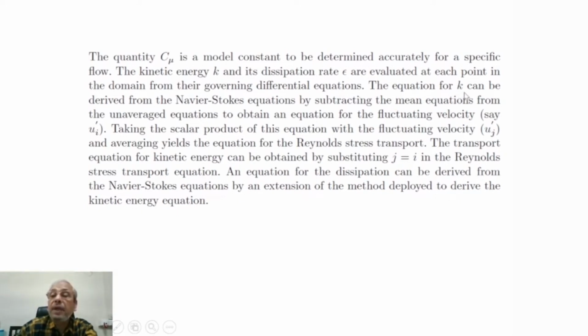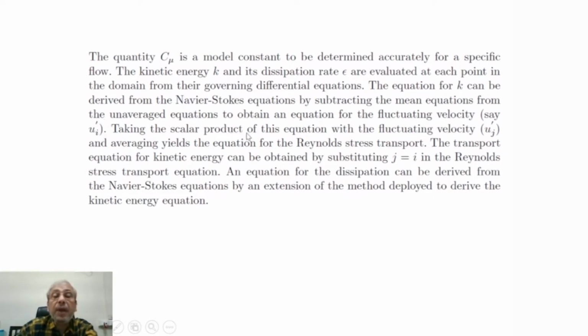The equation for k can be derived from the Navier-Stokes equations by subtracting the mean equations from the unaveraged equations to obtain an equation for the fluctuating velocity, say ui prime.